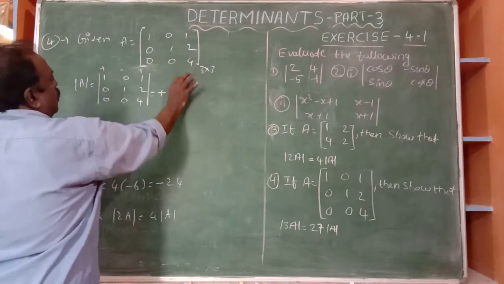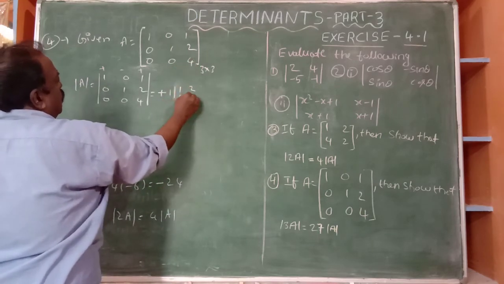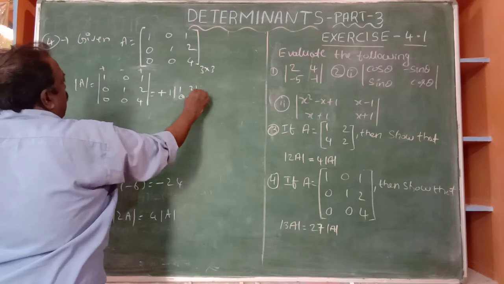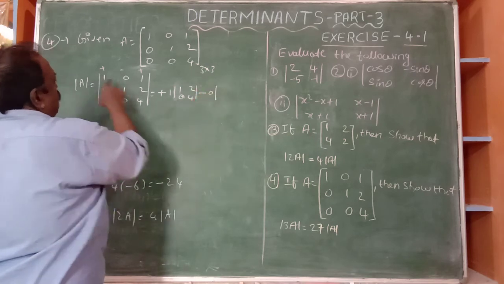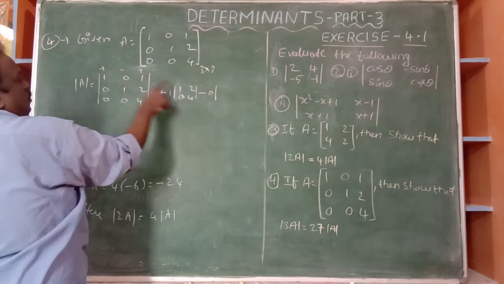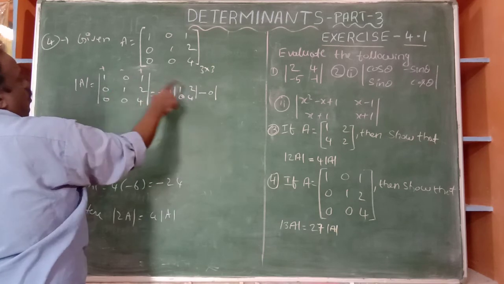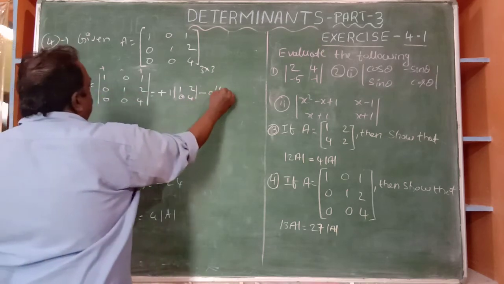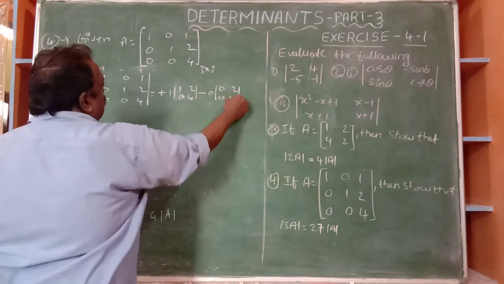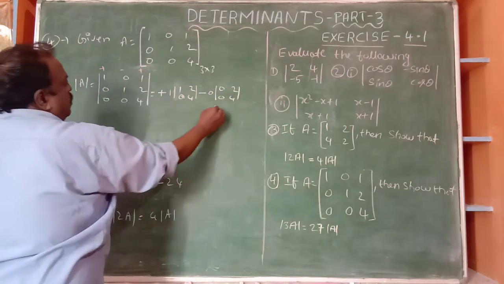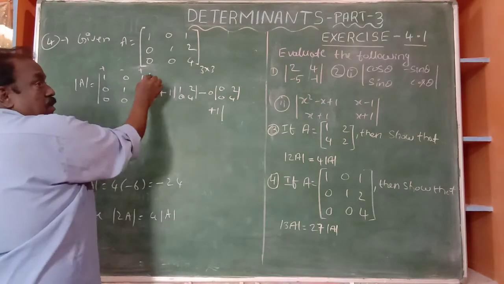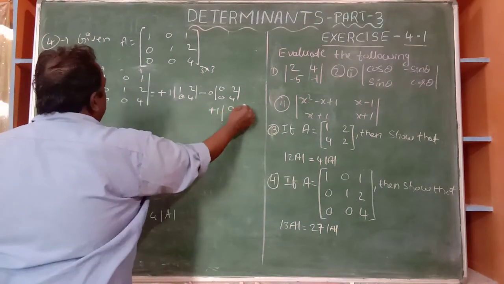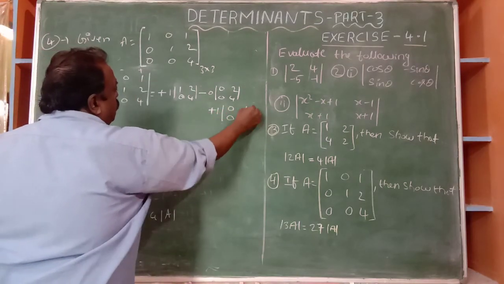Okay, now this is [1, 2; 0, 4], and minus 0 into, 0 minus must be taken, with row and column deleted, it is [0, 2; 0, 4], plus 1 with the determinant, row and column deleted, it is [0, 1; 0, 0].